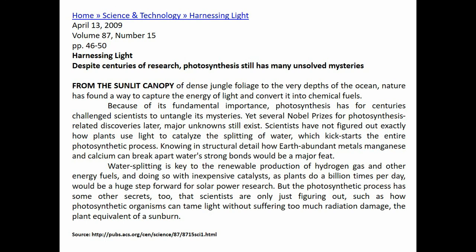The plant's making its own sandwich. That's amazing. It's self-sustaining, it's renewable, and it's paving the way for solar power research. This process of photosynthesis, making your own energy, from light energy to chemical energy, is mind-blowing and we take it for granted.